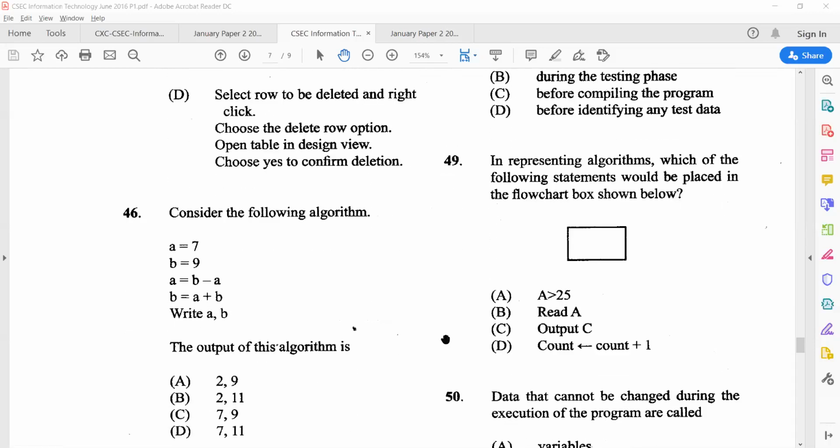Okay, 49. In representing algorithms, which of the following statements would be placed in the flowchart box shown below? Would it be A greater than 25, read A, output C, count is assigned to count plus 1? Which one of these will be placed in that flowchart symbol?